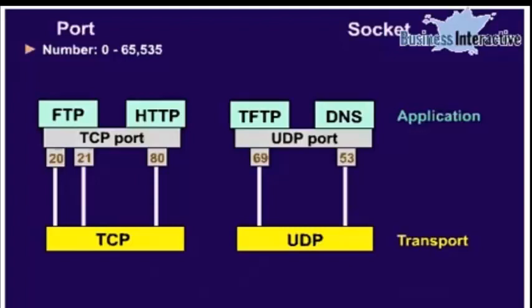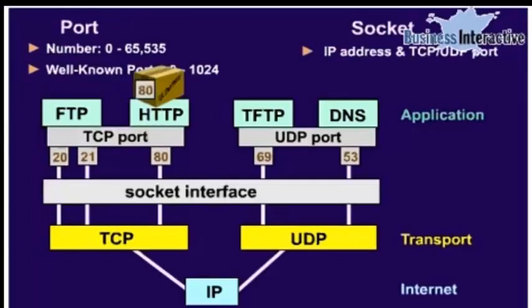Before we discuss them, let's discuss the socket. A socket is basically a combination of the IP, the protocol, either TCP or UDP, and then the port to identify the perfect connection for this machine.